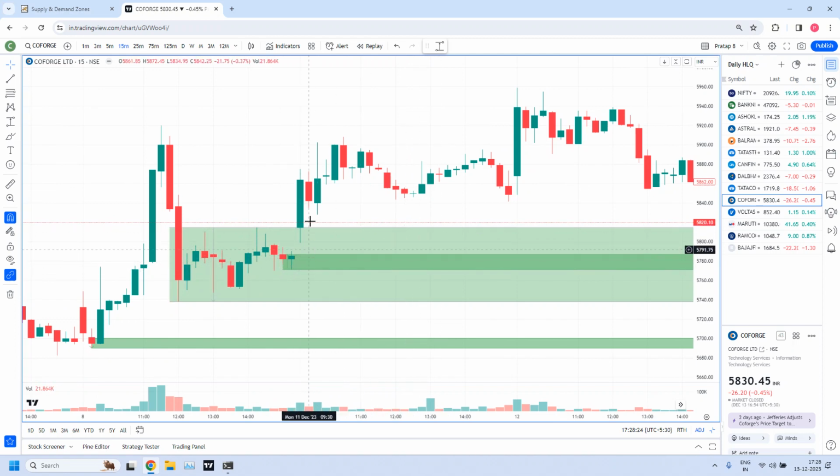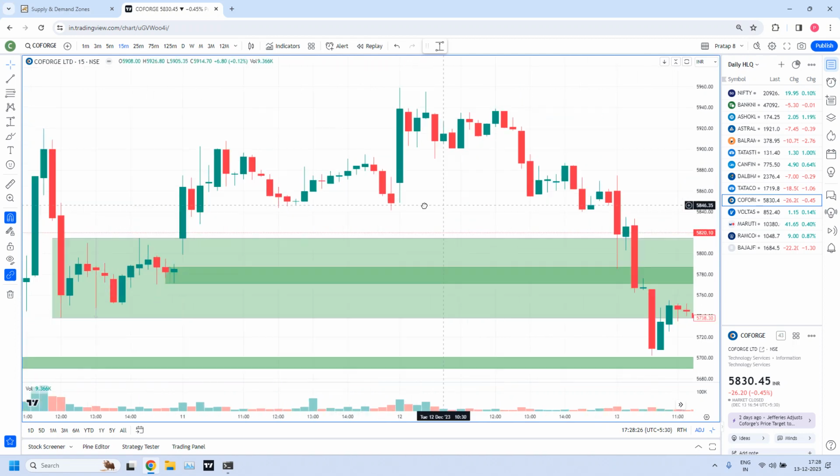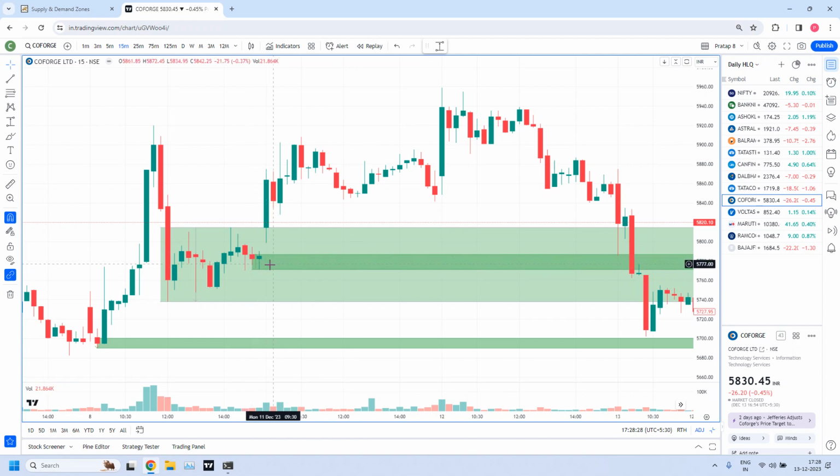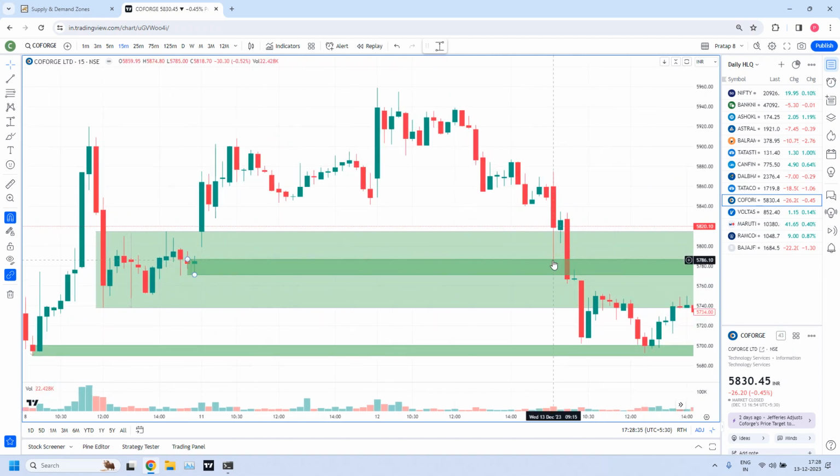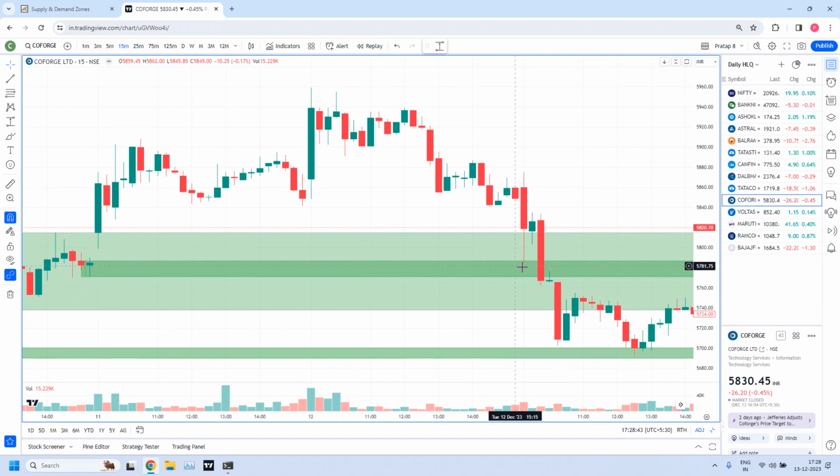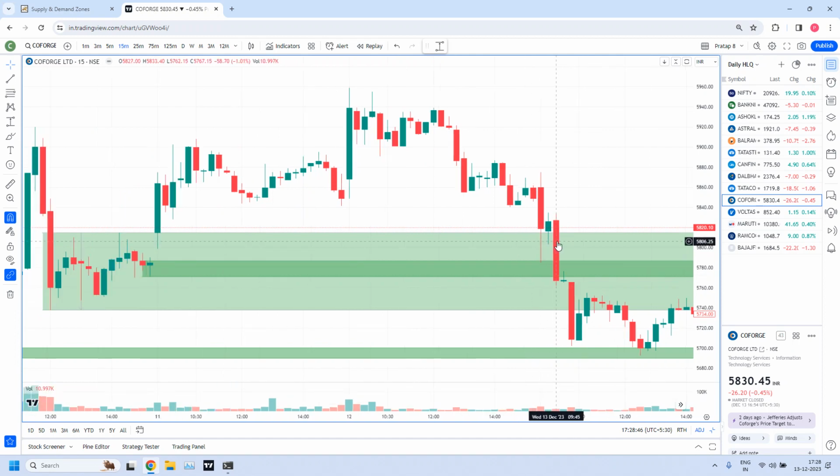It is looking like an excellent structure, right? Those who look into this structure, they don't want to miss this trade. At some point of time, it created that kind of impression. See here, the prices entered here and see the rejection. The reason is not institutional pending orders.